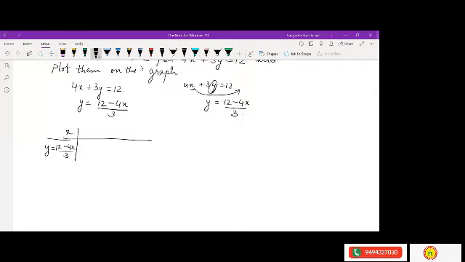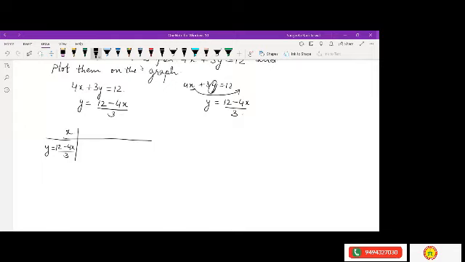Instead of taking fraction values, let's take integer values for x and y. If I take my x value to be 1 here, then 12 minus 4 will be 8. It becomes 8 by 3. So 8 by 3, we cannot take it on the graph.